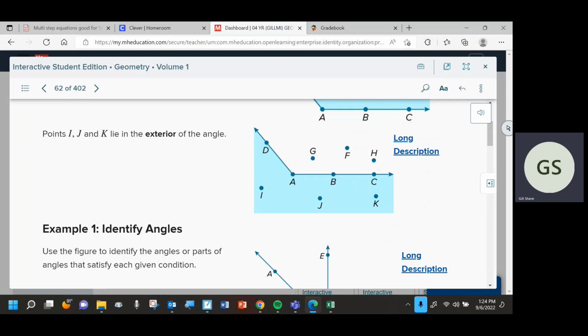Interior and exterior. What would the sum of the interior and exterior angle be? So here is an exterior angle there, and there's an interior angle. If I could measure those angles and add together the two measures, what would they equal?